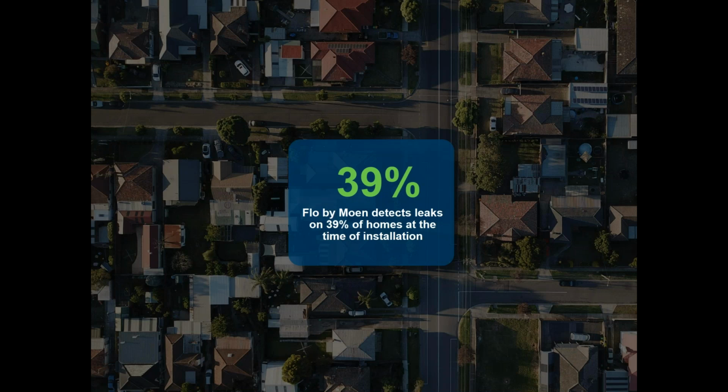So I think the learning from that is that we're equipping homeowners with the knowledge to understand their plumbing, knowledge that they previously never had insight into, and that we're actually seeing them take action. They are proactively going out and fixing leaks that are being identified in their property.